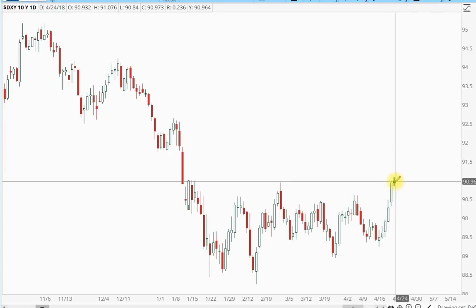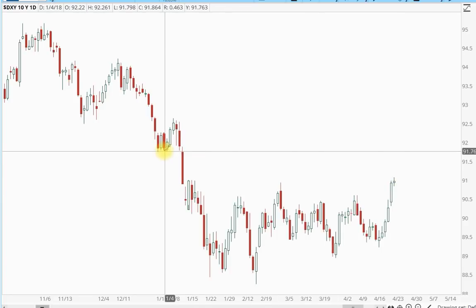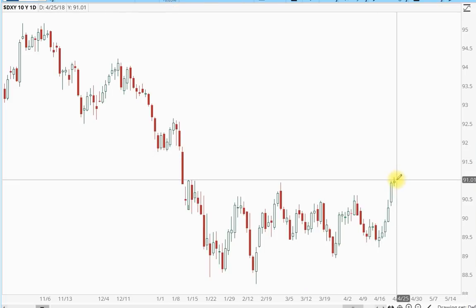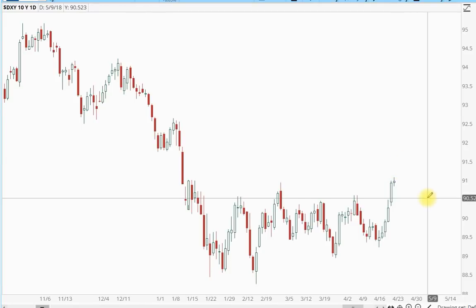But assuming that the euro still has to left translate and give us at least one failed daily cycle, then we've probably got a little more upside on the dollar, maybe up into this resistance zone here around 91.7 before the dollar completes an intermediate top, and then we start moving back down again.